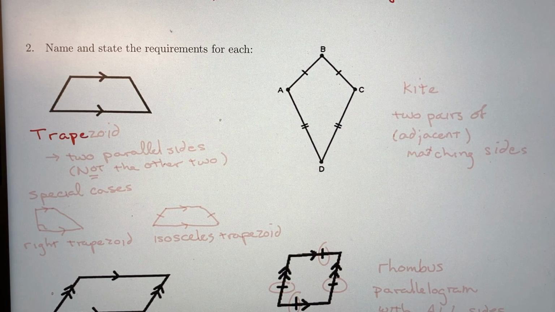Trapezoid, from the Greek word tetrapesium, which means 4 feet, looks like a table. It's got 2 parallel sides and 2 not parallel.